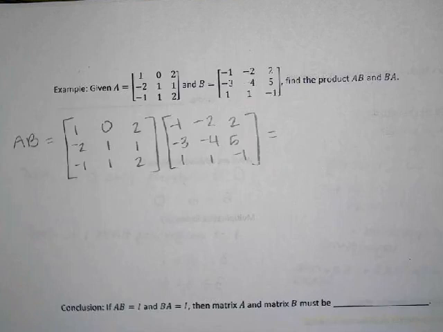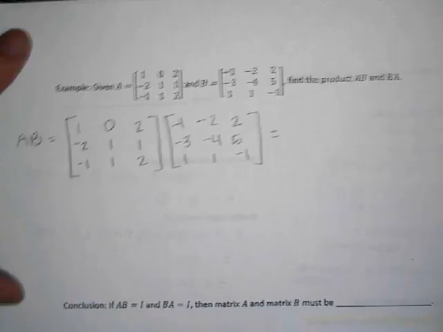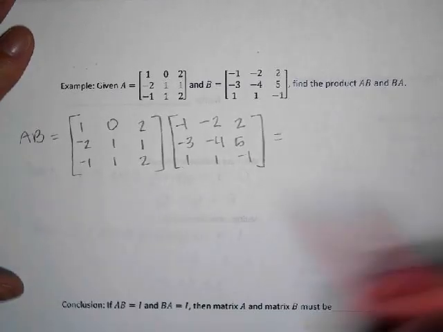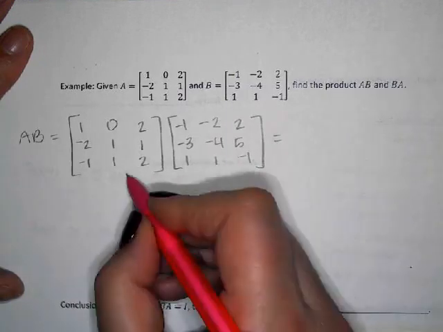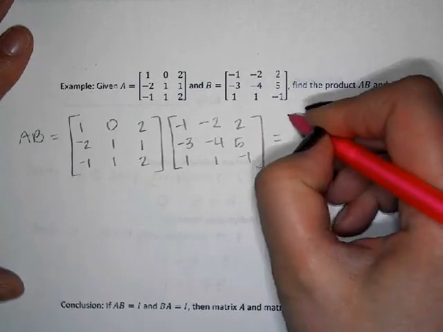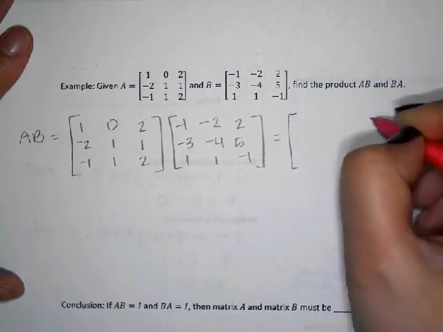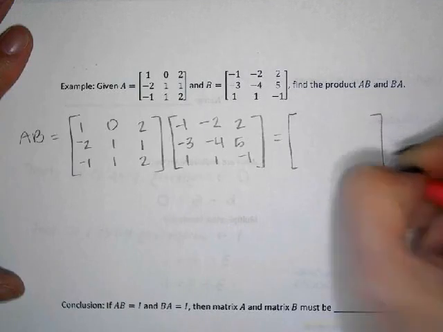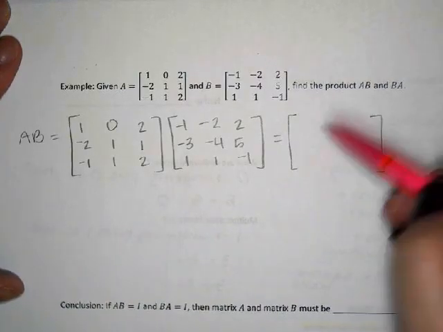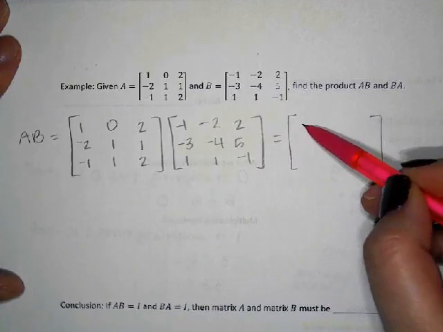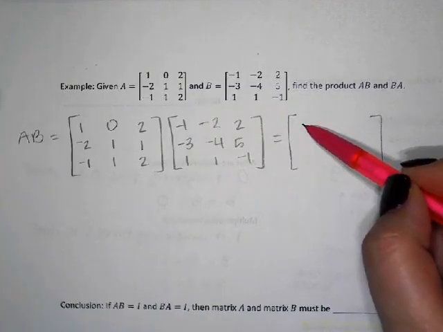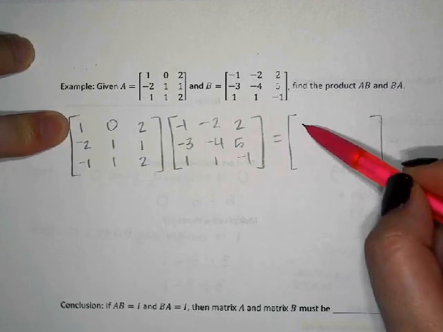Okay, so if we do A times B, we have a 3 by 3 and a 3 by 3, which means the identity is going to be a 3 by 3 when we multiply the two inverses together. So if I'm doing this upper corner right here, that's going to be the first row and the first column. So my left finger is going to go across the row. My right finger is going to go down the column.